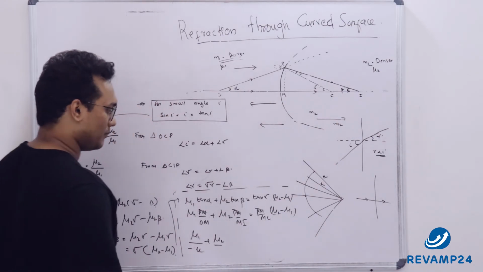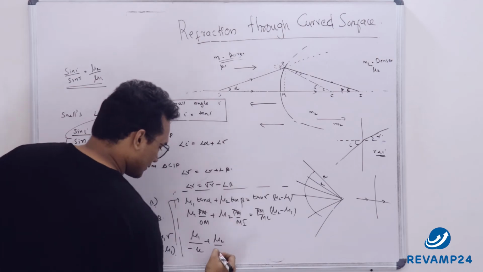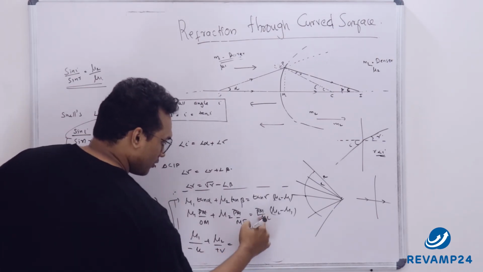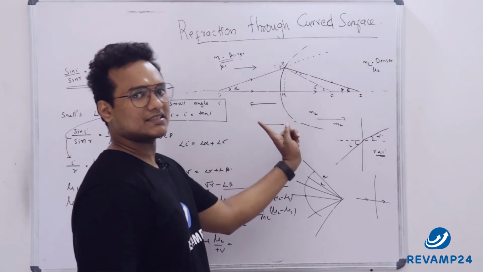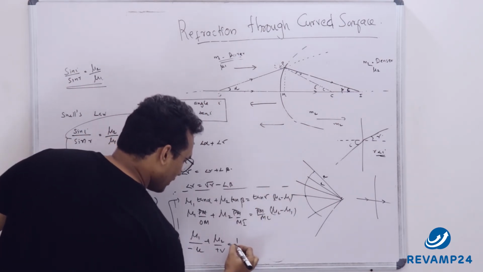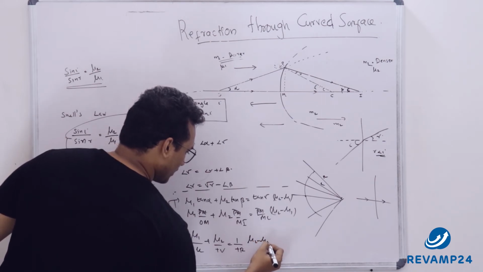MI is the image distance, measured in this direction, rightward length, so that is plus V. This is equal to 1 by MC. MC is measured in this direction and that is the radius of the curvature, so 1 by plus R into mu2 minus mu1.